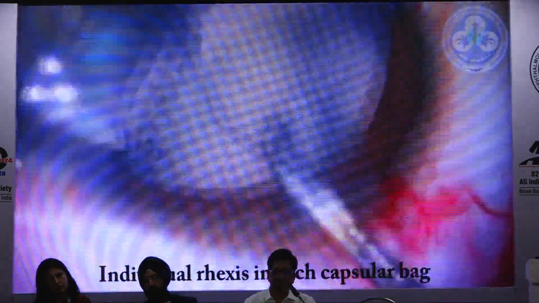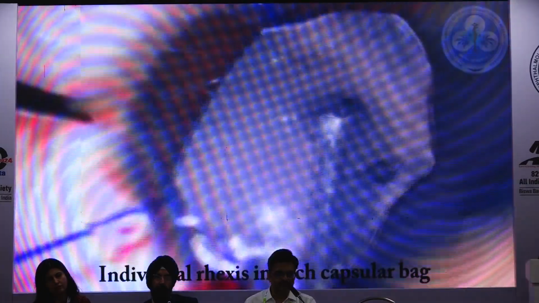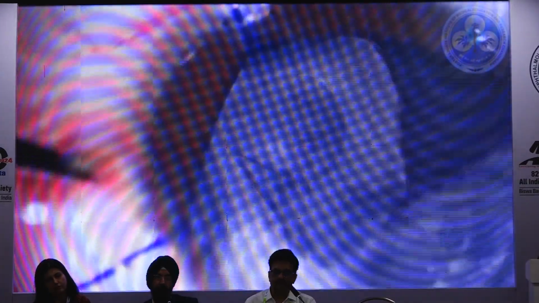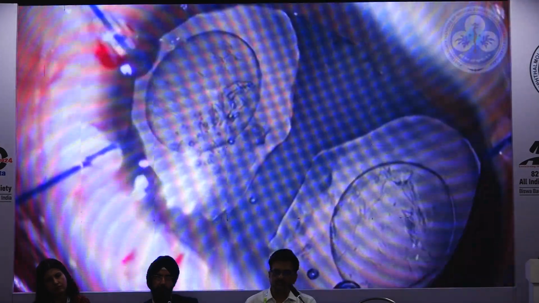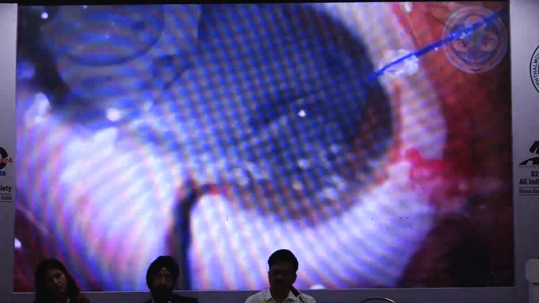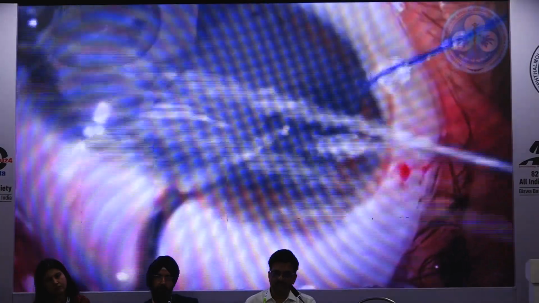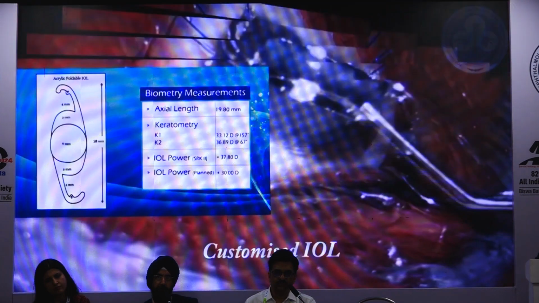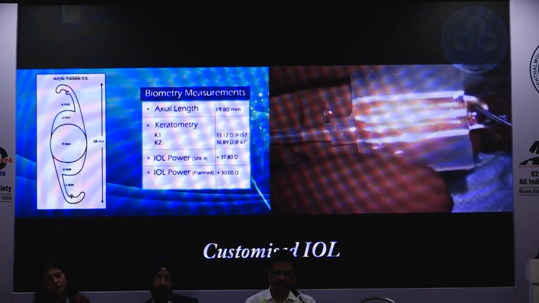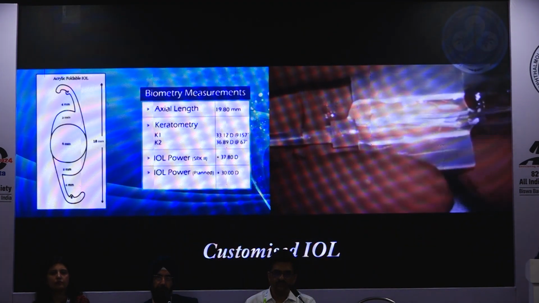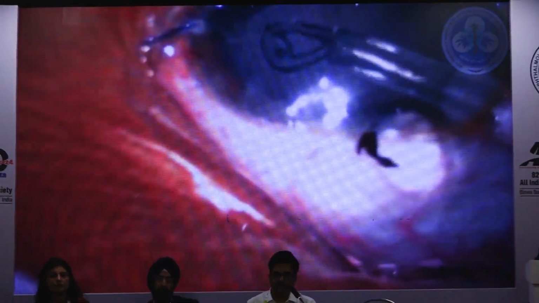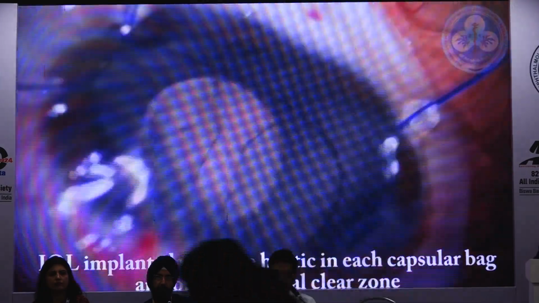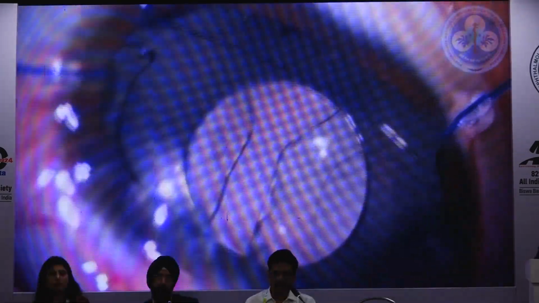Here I think this is the only case where I did two continuous curvilinear capsular axes on each of the lobe of the lens, and we designed a customized IOL. And this was a 18mm long IOL which was implanted into each of the capsular bag. Central area was aphakic.